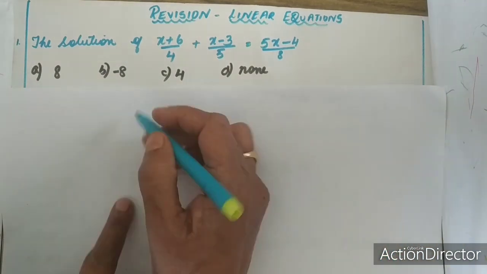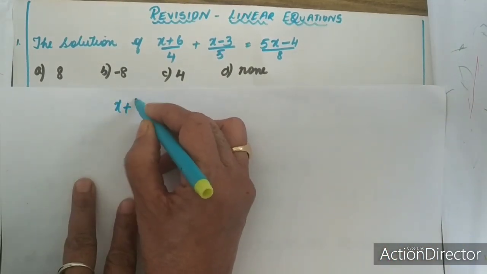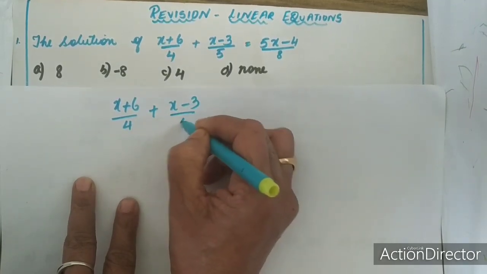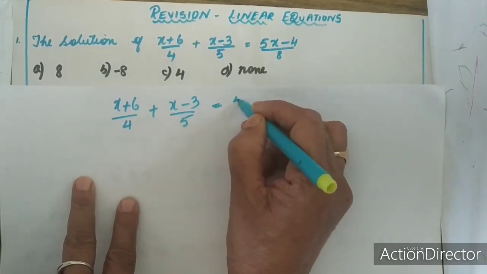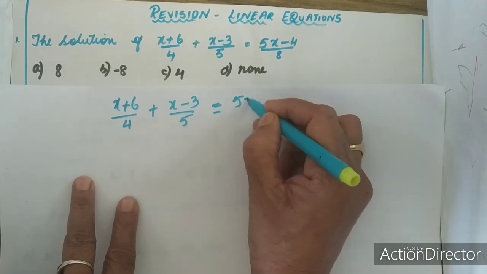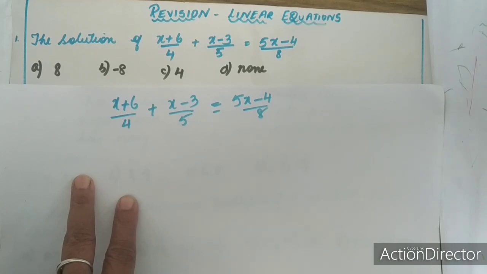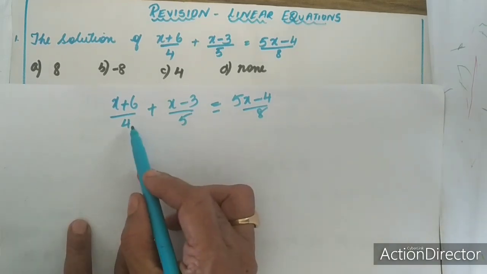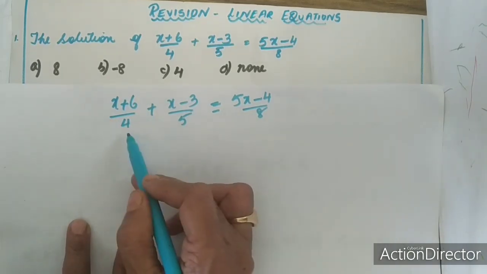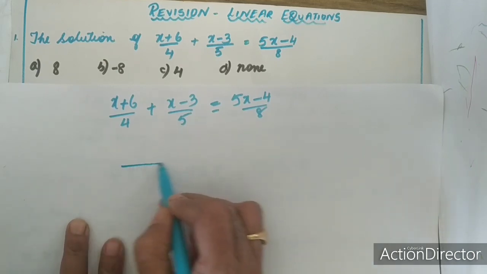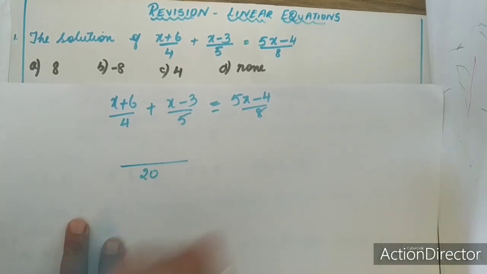The first question is (x plus 6)/4 plus (x minus 3)/5 is equal to (5x minus 4)/8. So the first step is to find the LCM in the left hand side. What is the LCM of the denominators in the left hand side? It is 20. 5 4s are 20.